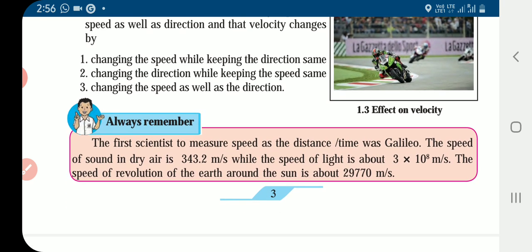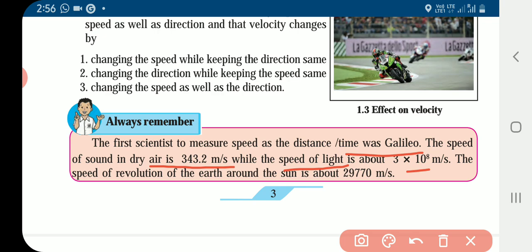Now the important part for this page: the first scientist who measured the speed was Galileo. He calculated the speed of sound in air as 343.2 meters per second, and the speed of light is about 3 into 10 raised to 8 meters per second.